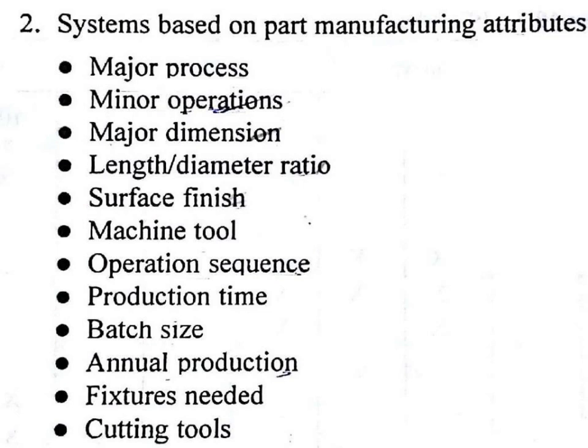Now in the third, both design and manufacturing, we are taking all three: A, B, and C. Don't confuse with that. We are taking the common ones and also the ones which are different. We are taking all A, B, and C.